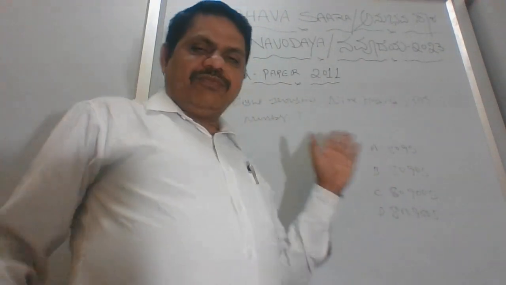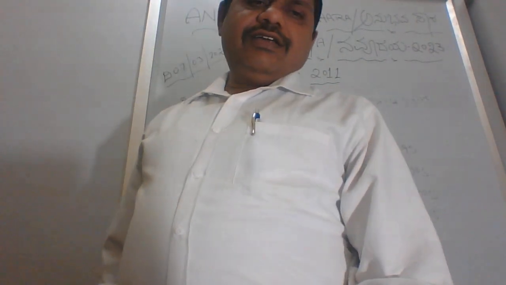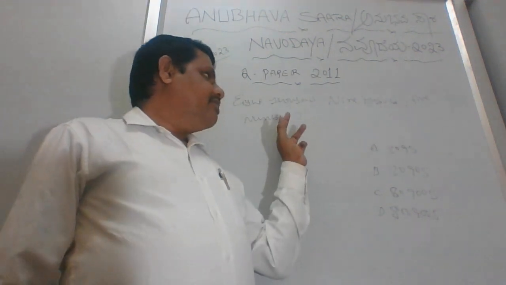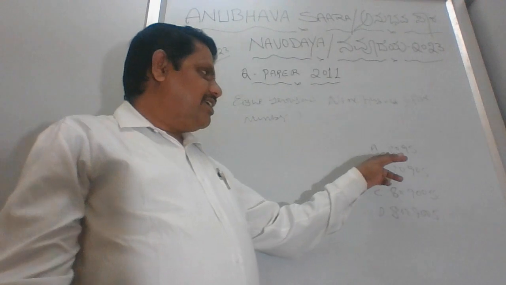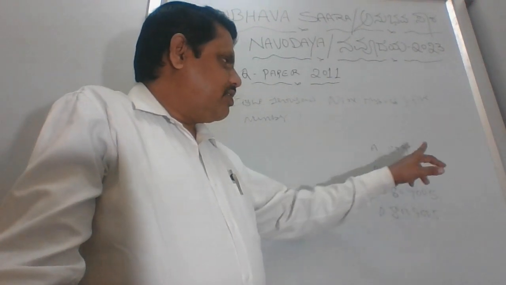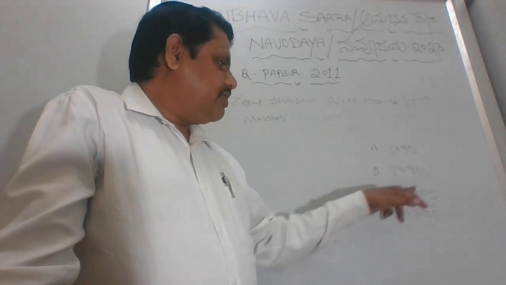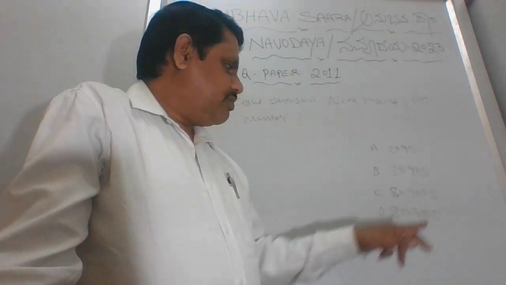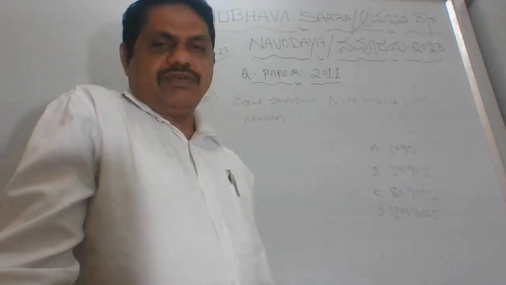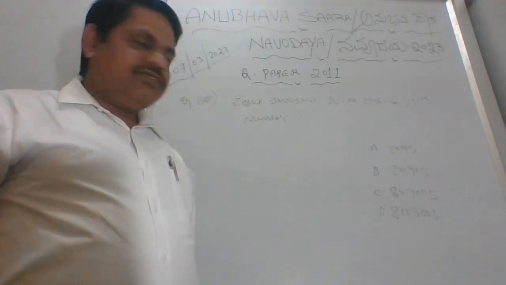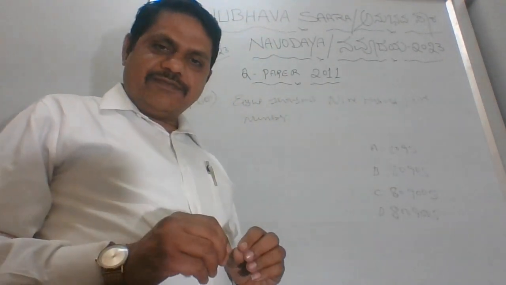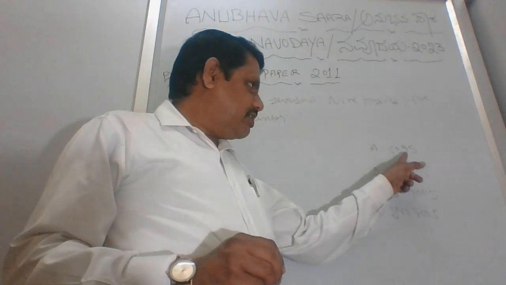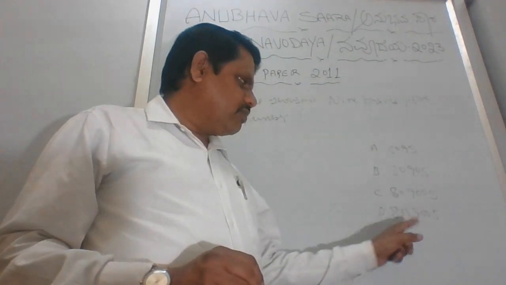See, the question is very simple and they are making you confused in a different way. Here they have given 4 numbers, here 5 numbers, here 6 numbers, here 7 numbers. That means every option starts with 8, but the second number is 0.